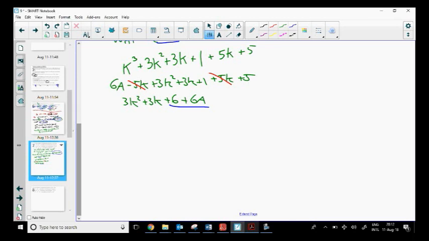If we factor this out, it might be a little bit easier to see. So this is going to be 3k times (k plus 1). I want to show this is divisible by 6. Now, if it's divisible by 6, that means it has to be divisible by 3 and also divisible by 2, right? That'll suffice.